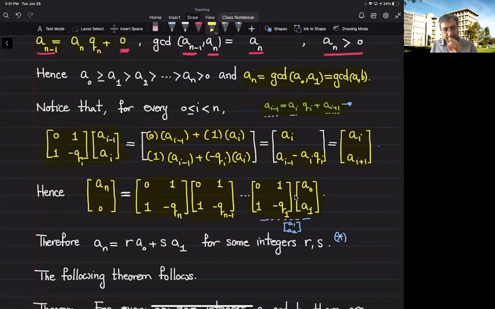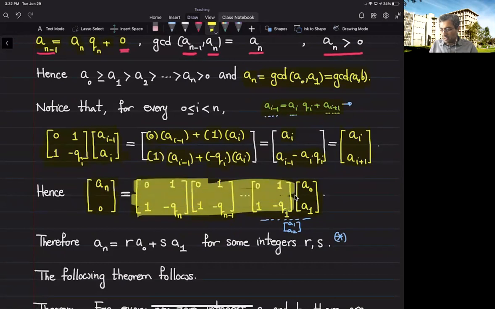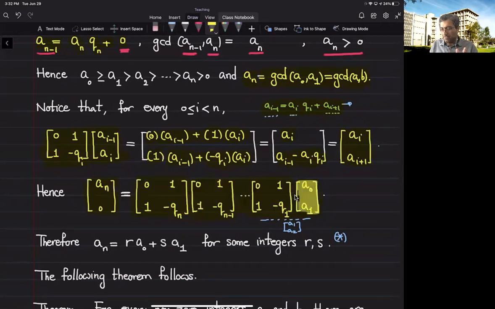In particular, all of these matrices are integer matrices. So as I multiply all of these square matrices, I end up getting another integer matrix. Now, as I multiply this integer matrix by this column vector, the first entry is supposed to be A sub n. That means A sub n can be written as an integer linear combination of A sub 0 and A sub 1.